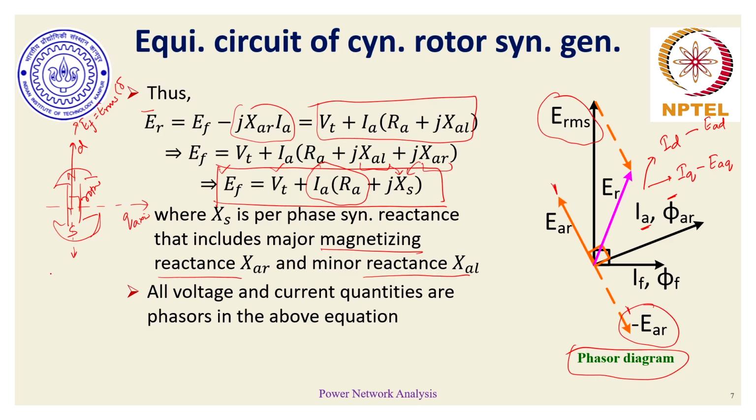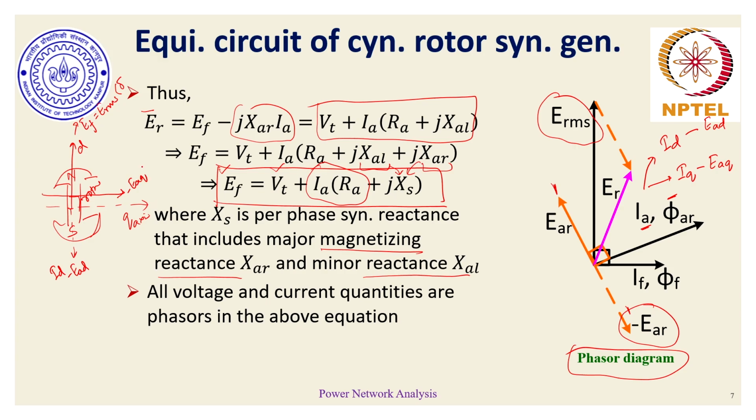So let's say if ID is the corresponding armature component of the direct axis, then minus EAD should be opposite to the induced EMF, and consequently the quadrature axis reaction voltage, which is perpendicular to the direct axis component, would be more or less along this particular axis. Let's say this is minus EAQ.